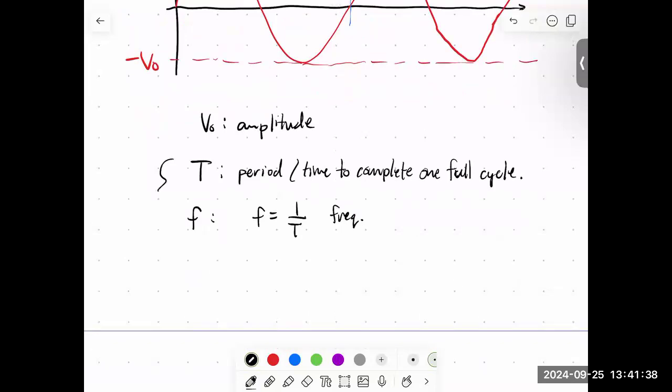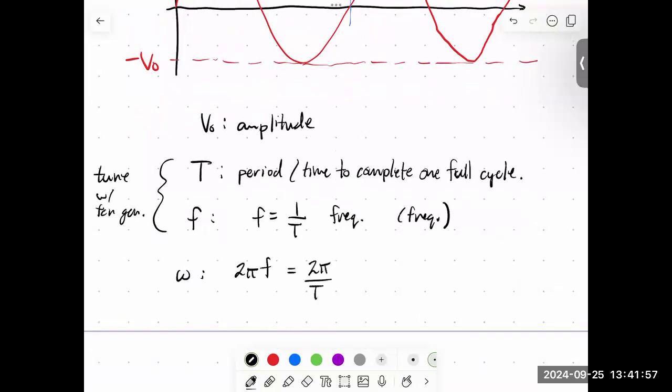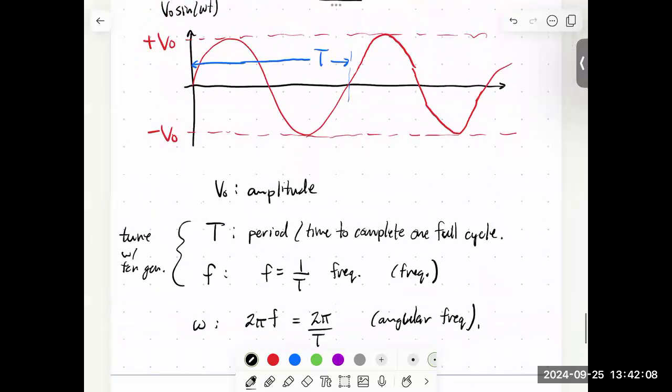So these you can tune with the function generator knobs. And then finally, the other thing we have is angular frequency omega. That's 2 pi times F, which is the same thing as 2 pi divided by the period. So this is angular frequency. The things that you could actually measure using an oscilloscope are the amplitude and the period. But once you have the period, then you can calculate frequency or angular frequency, whatever you need.